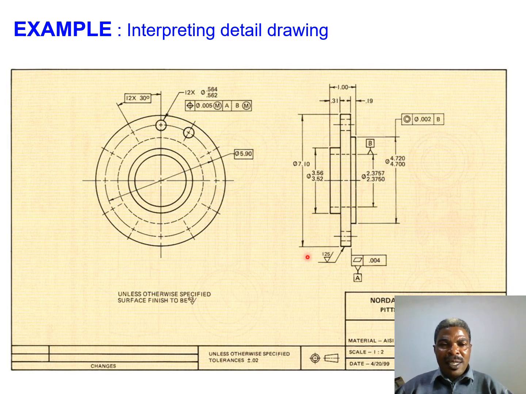So all these should be clearly understood in order to have the capacity to interpret the detailed drawing. One should be aware of the symbols to understand what they mean.